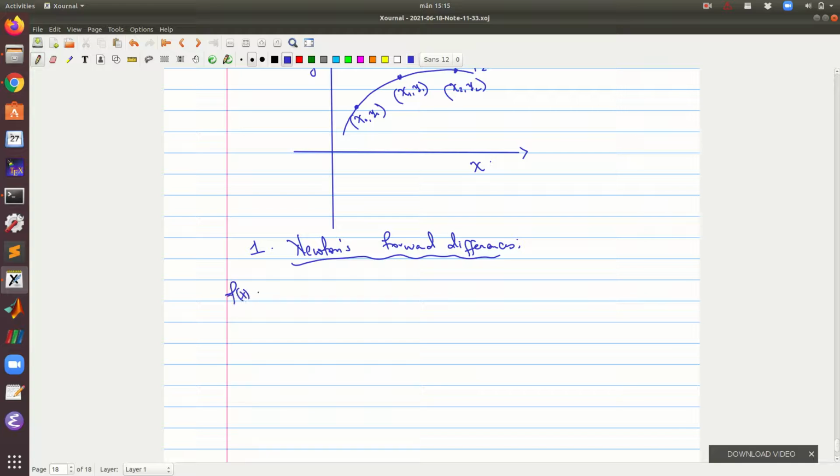So we shall say f of x, which we can approximate with a polynomial of degree n.